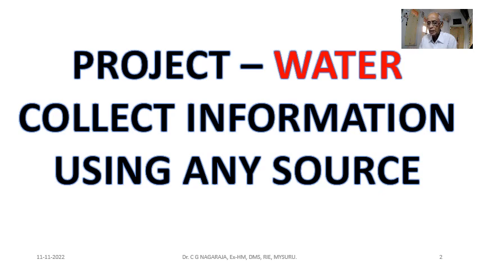You can see the television, you can use the internet or digital learning. That means any source may be possible to give you information on water that will link to many things. We shall see what are the various links you may have to learn.